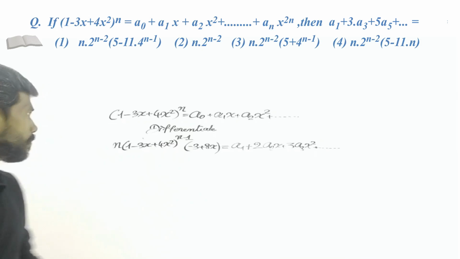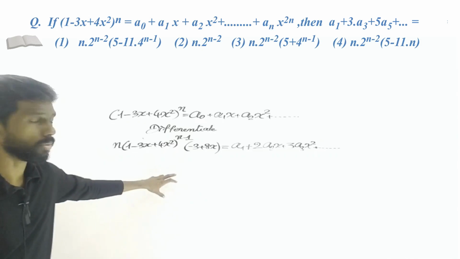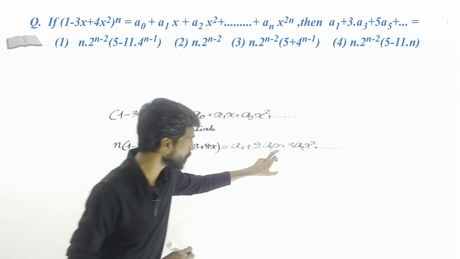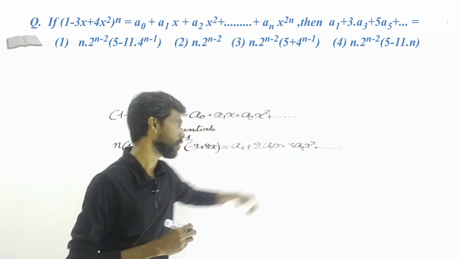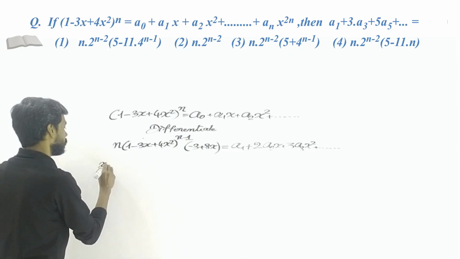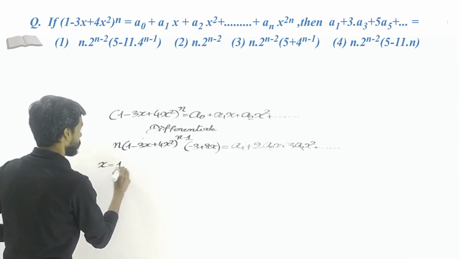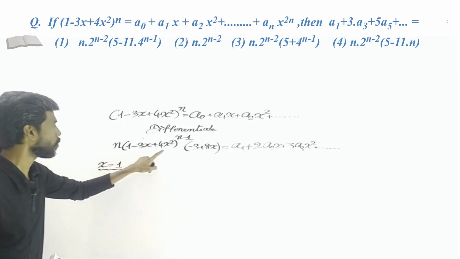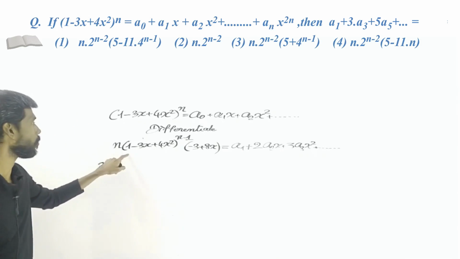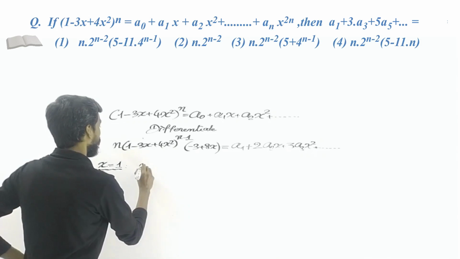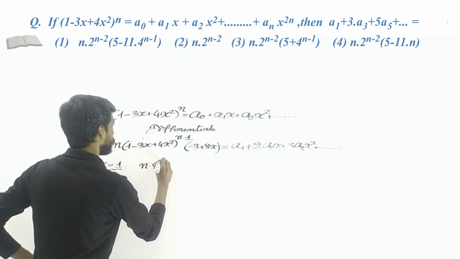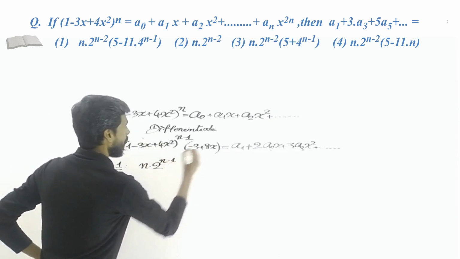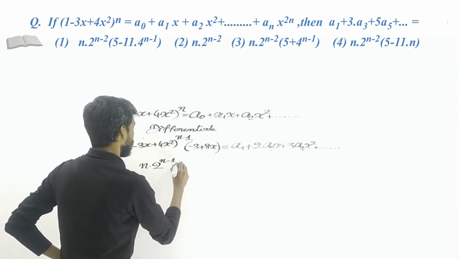Now what do we do? Substitute x equals 1, because we don't want this x. So if you substitute x equals 1, this is 4 plus 1, 5, minus 3, 2. So that will give you n multiplied by 2 to the power n minus 1, and this is 8 minus 3, that is 5.